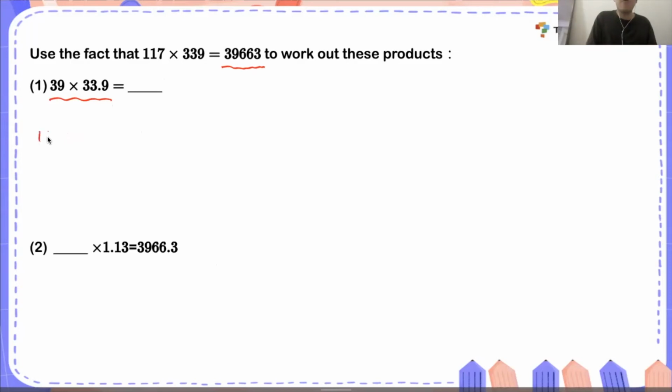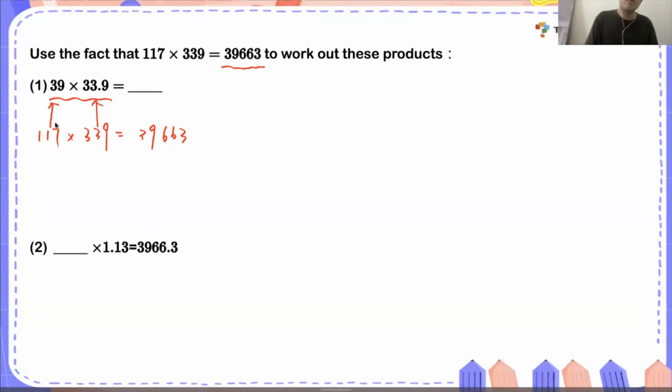Okay, I will first write down my original multiplication. Okay, how did this 117 change to 39, and how did this 339 change to 33.9?